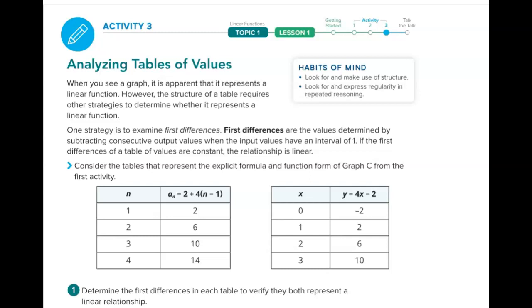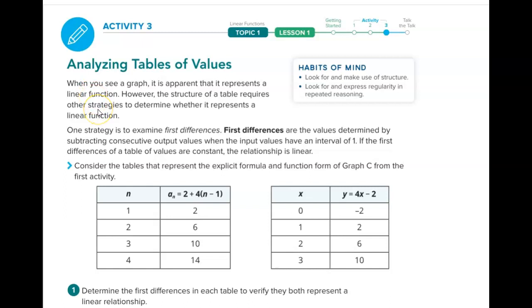As you go through this activity, activity 3 that begins on page 196, one thing you'll be doing is looking at tables of values, and then you're going to be deciding if the relationship is linear. So does it increase by a constant amount so that the graph looks like a line?